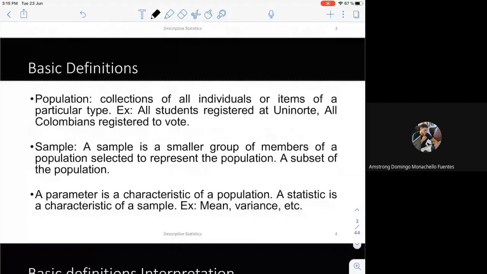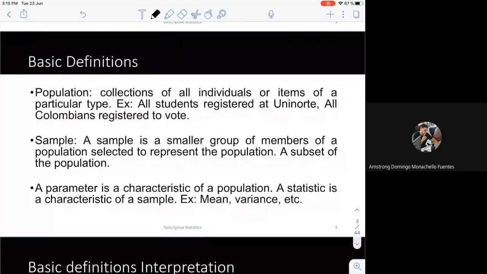Now I just want to mention some key definitions. The first one in statistics is population. What is a population? In general, when you want to analyze a process, we mention the population as the whole collection of objects, individuals, or animals that we want to study.